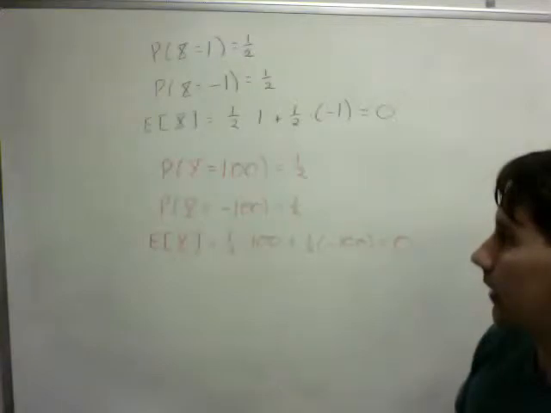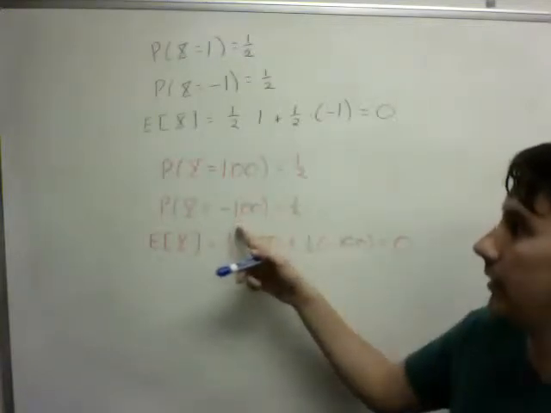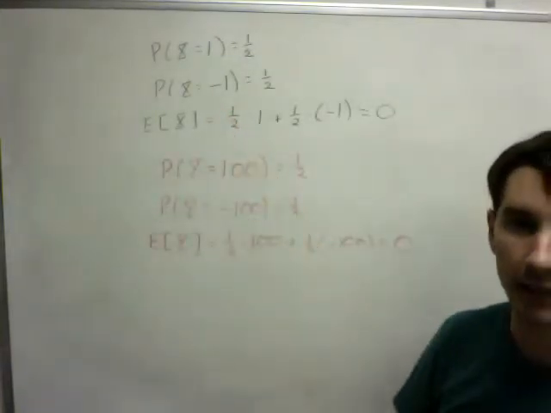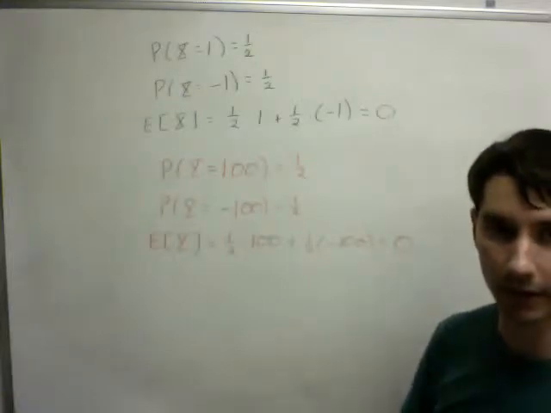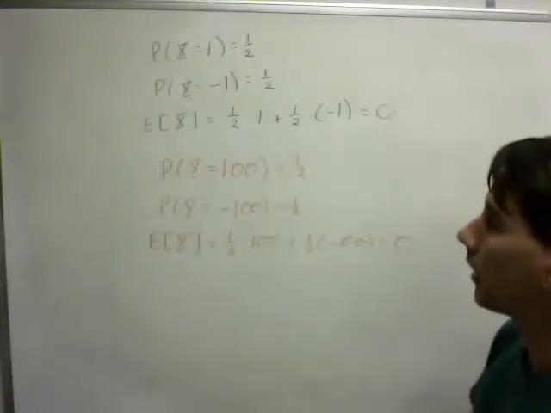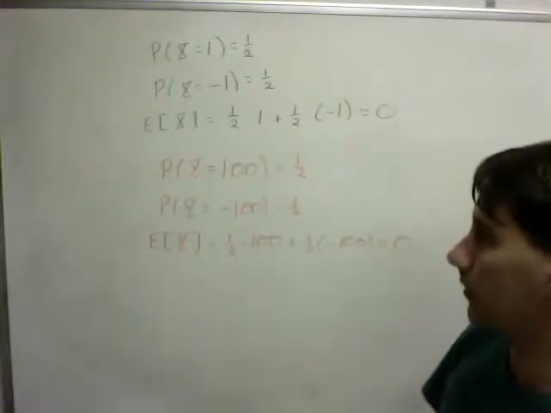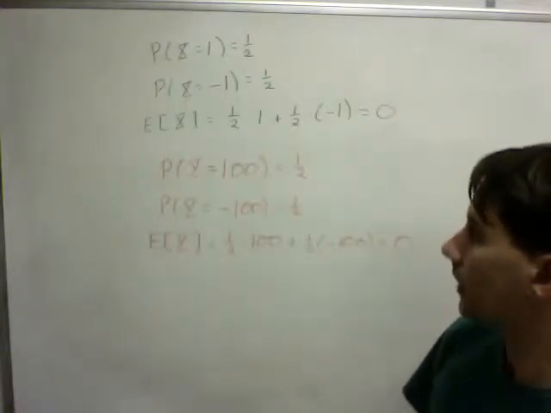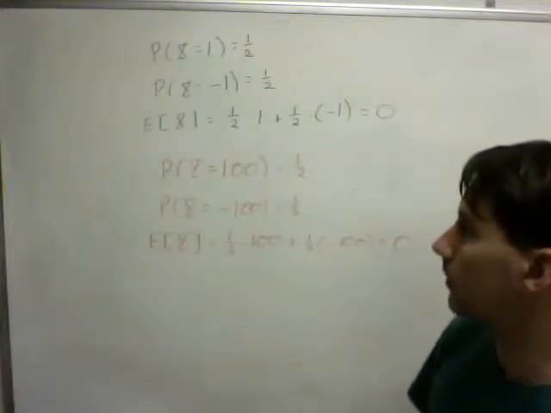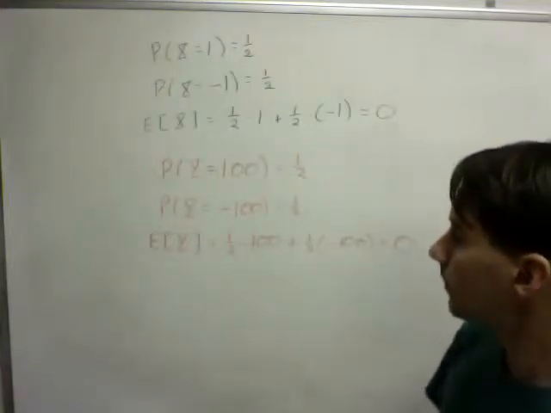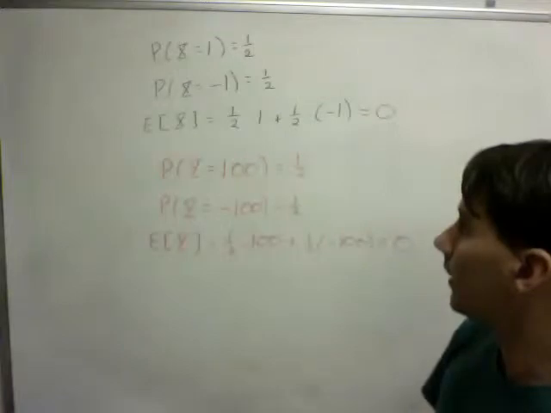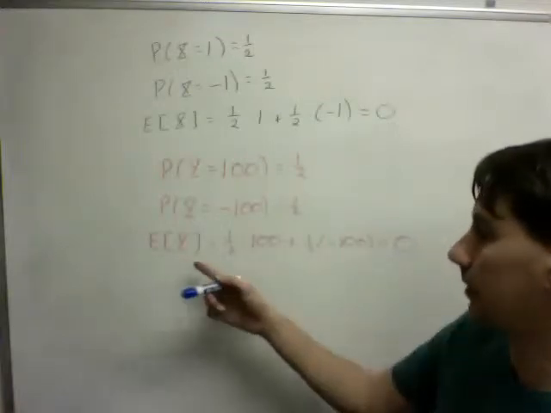But of course, playing game Y is quite a bit more risky than playing the game represented by X. I don't know if too many of you are willing to take the risk of losing $100 to me to play a game like this. So the expectation doesn't measure this sort of thing. It doesn't tell us how risky or how far away a random variable might be from the expectation.